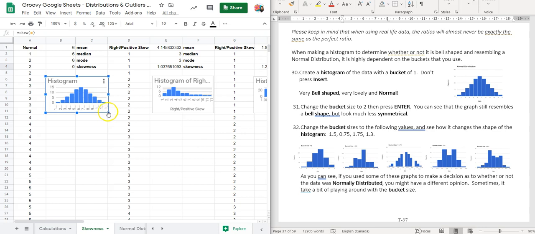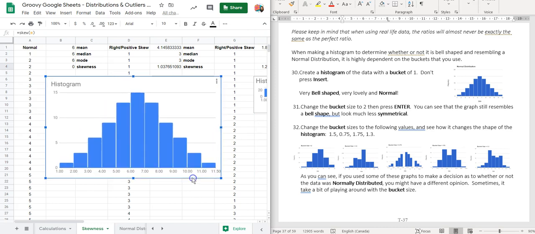Make this a bit bigger to see. And I'm going to show you what happens when you change the bucket width. So when we have a bucket width of 1, we have a very bell-shaped and a very lovely normal looking graph.